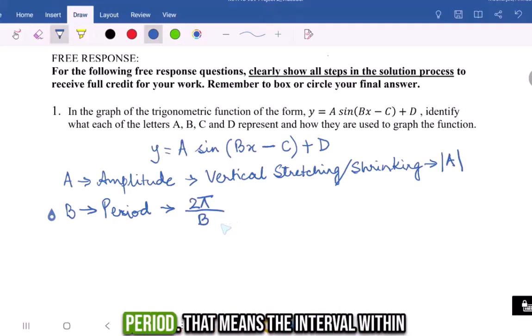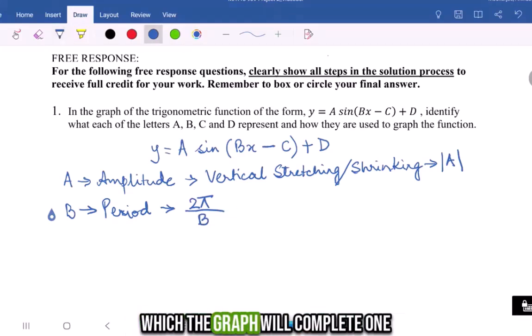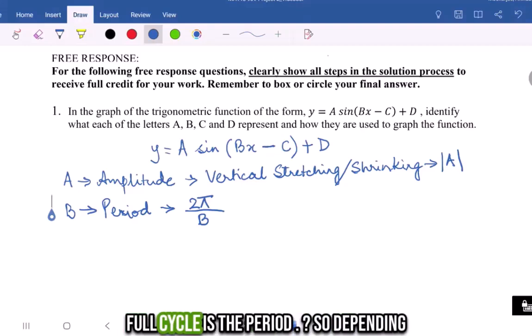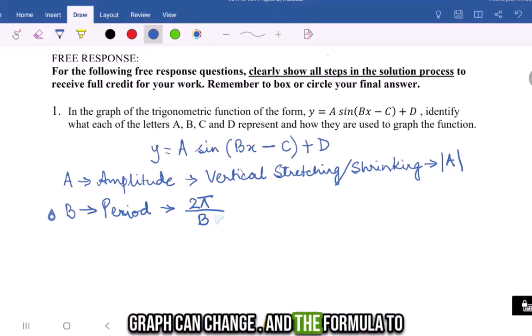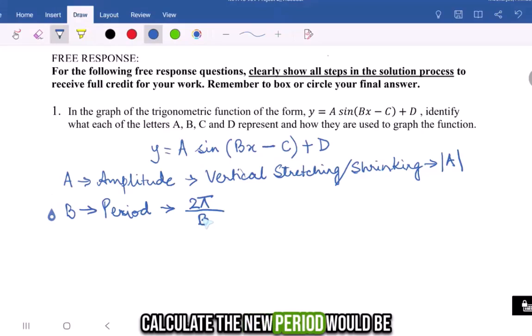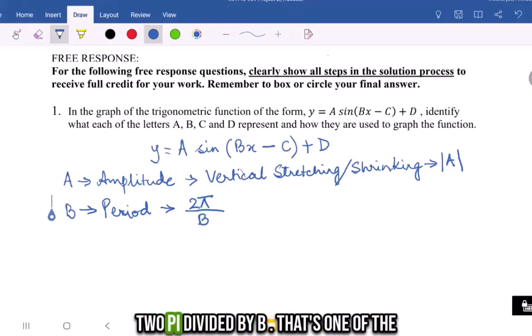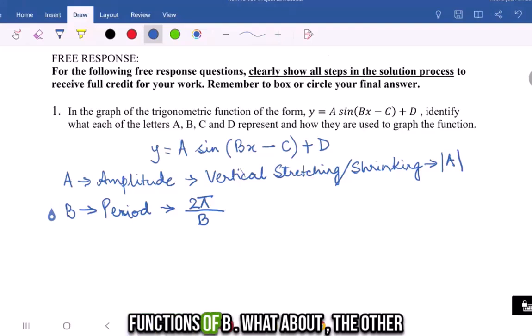That will give you the period. That means the interval within which the graph will complete one full cycle is the period. So depending on the value of B, the period of the graph can change, and the formula to calculate the new period would be 2 pi divided by b. That's one of the functions of b.